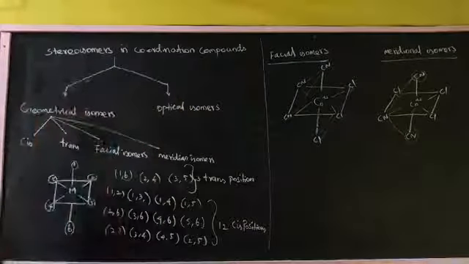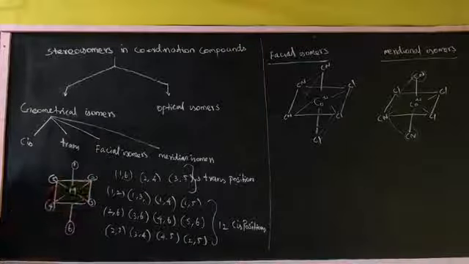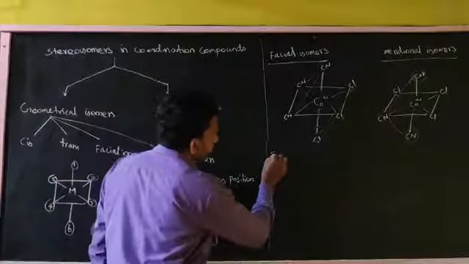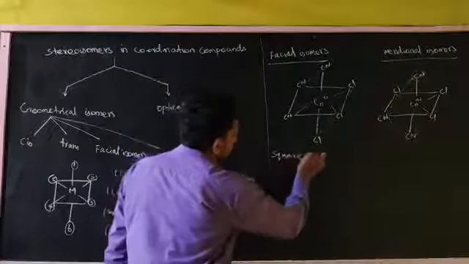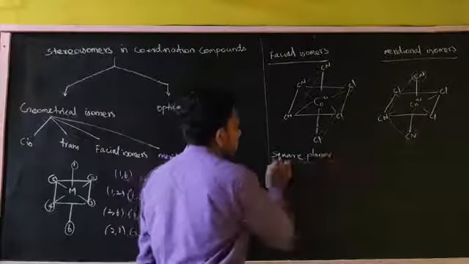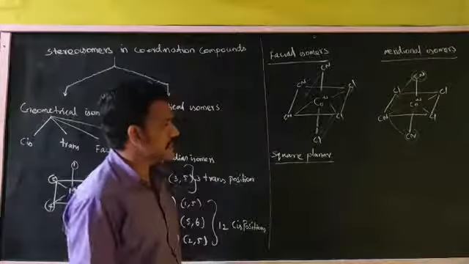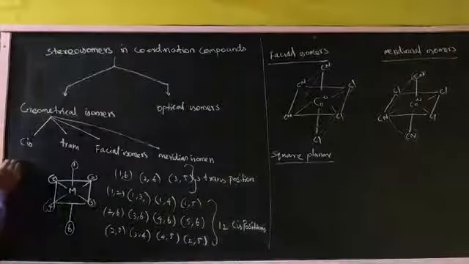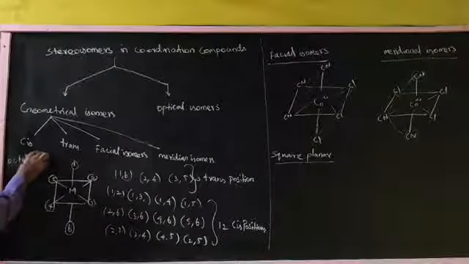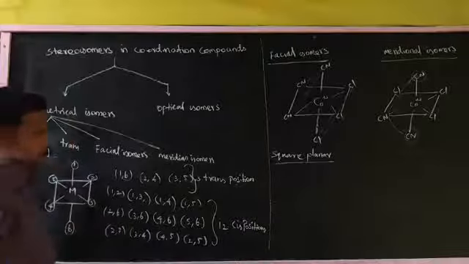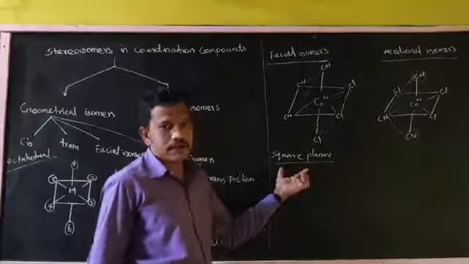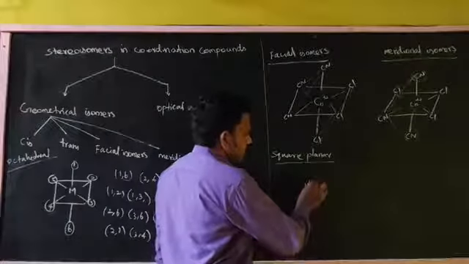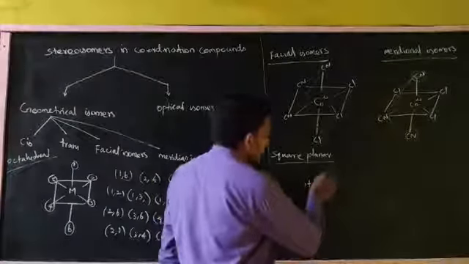So now the square planar complex. How can we find cis and trans isomer in the square planar complex? This one, octahedral, we have just finished. Now we are going to say square planar complex. The platinum is the central metal atom, right?